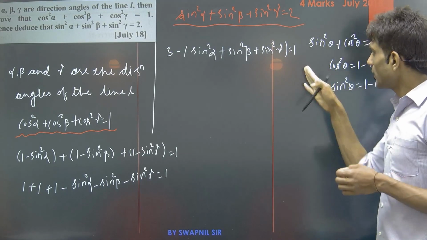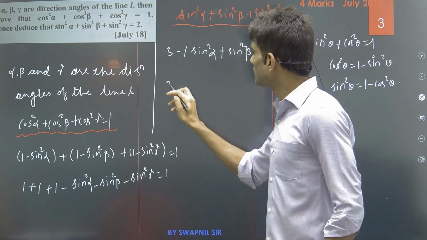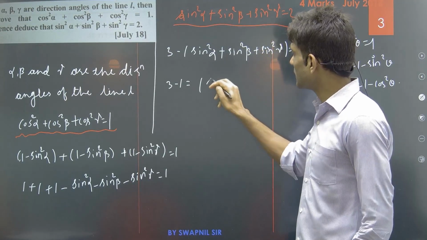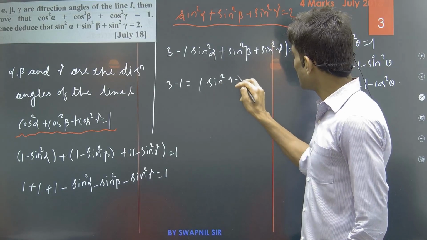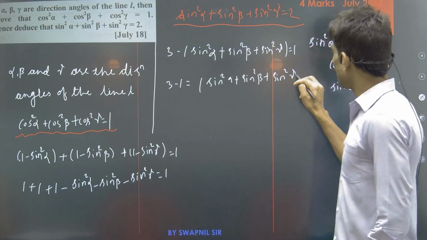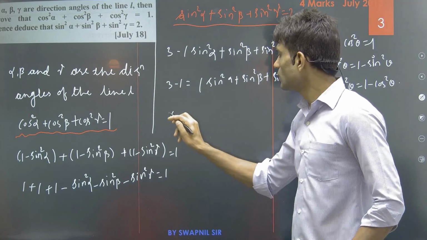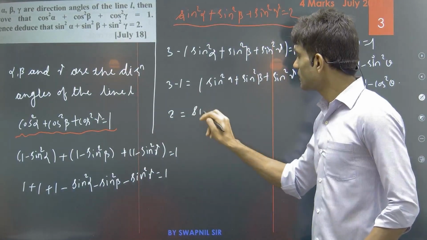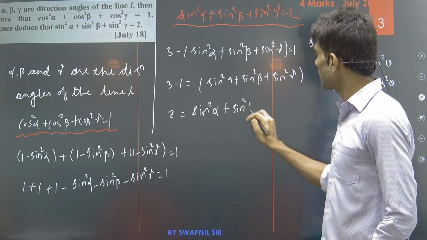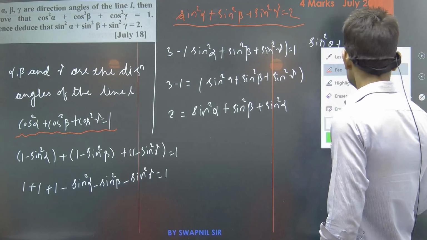Now take that 1 to the other side, and this negative term to the other side, which becomes entirely positive. So we get 3 minus 1, which can be written as 2, and the remaining terms are sin square alpha plus sin square beta plus sin square gamma.